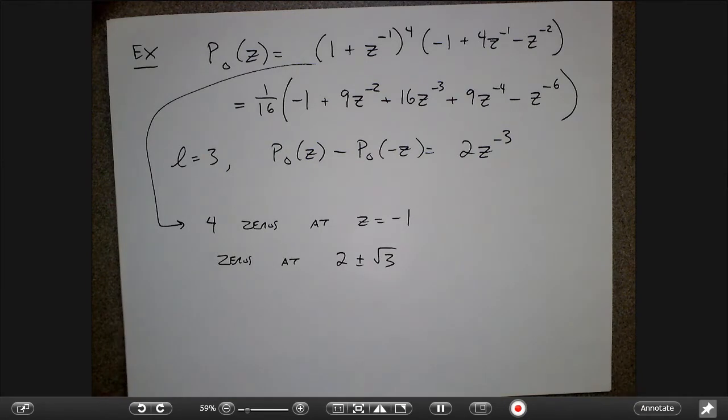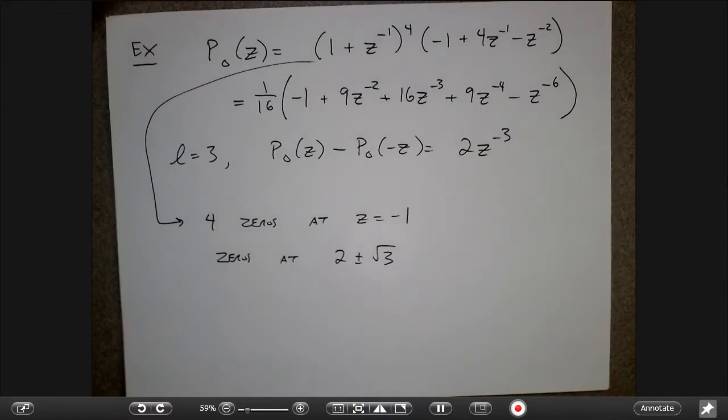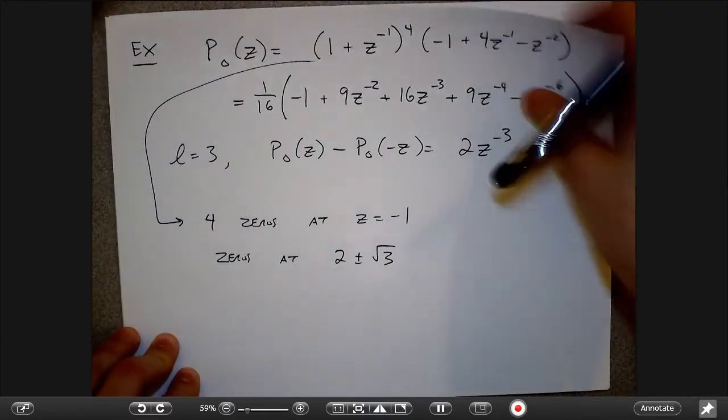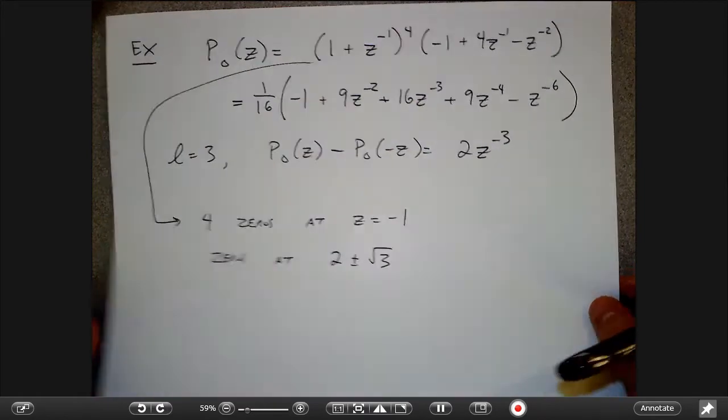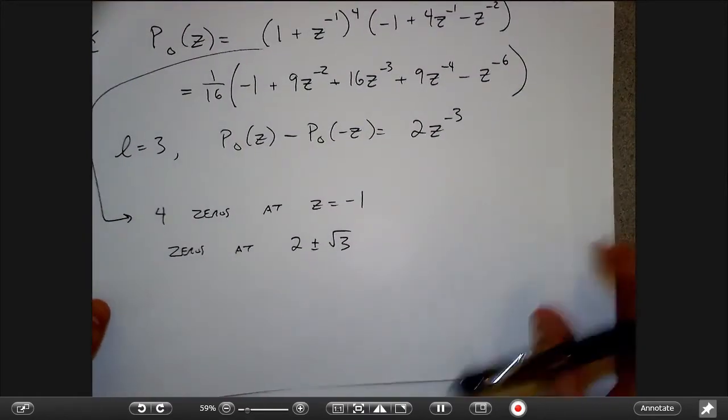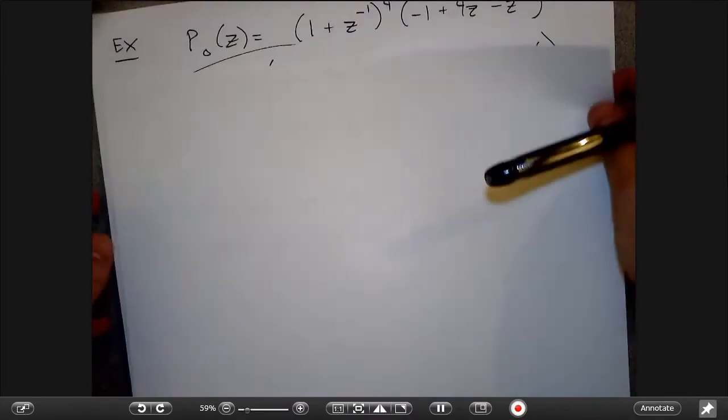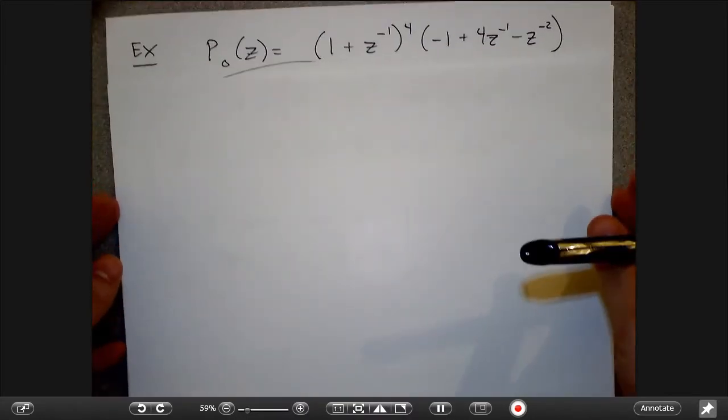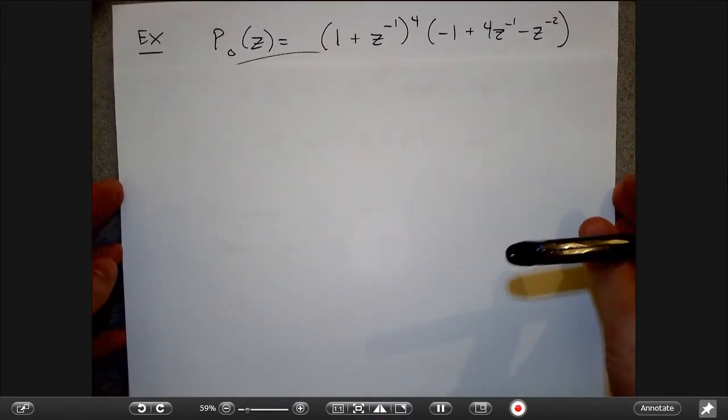And so then I have a bunch of choices about how I can apportion these zeros into these two different G0 and H0 that I need, right? And so, for example, let me just make a little table. So if this is my original polynomial, then let's think about how I could apportion those zeros.